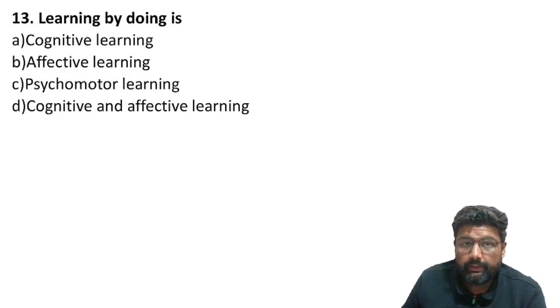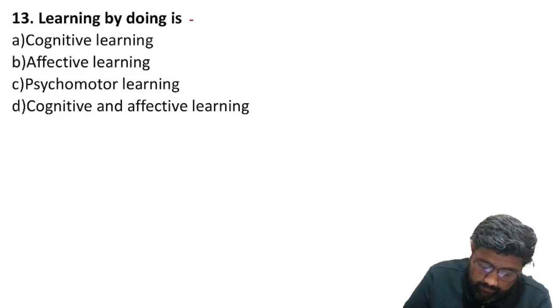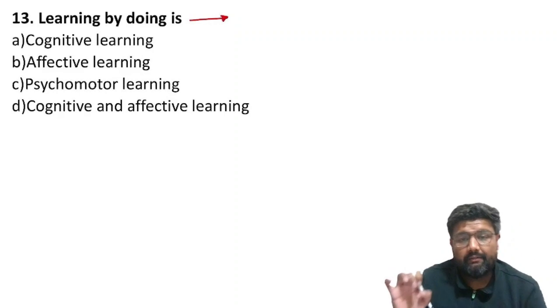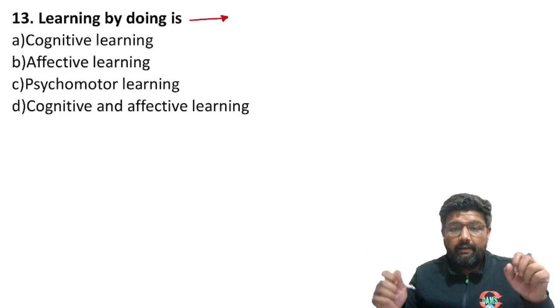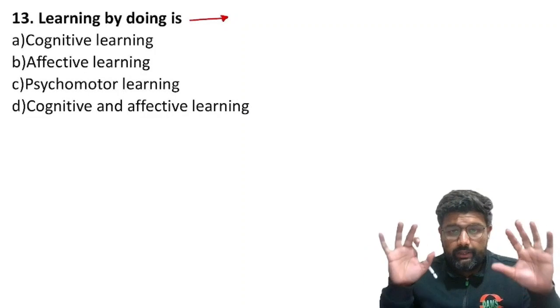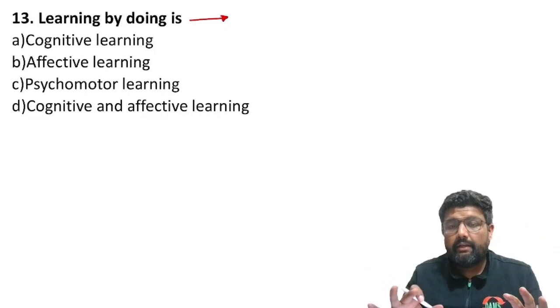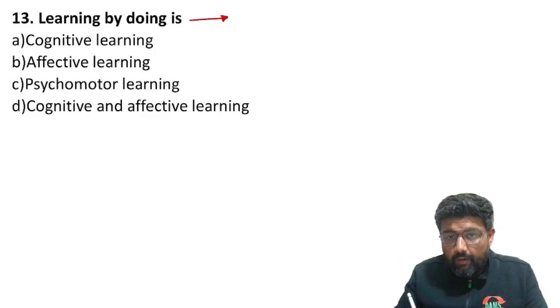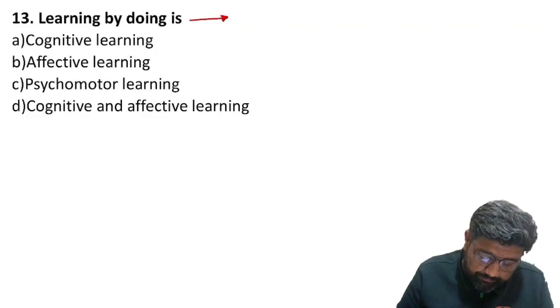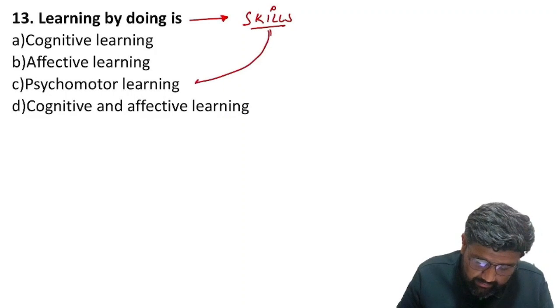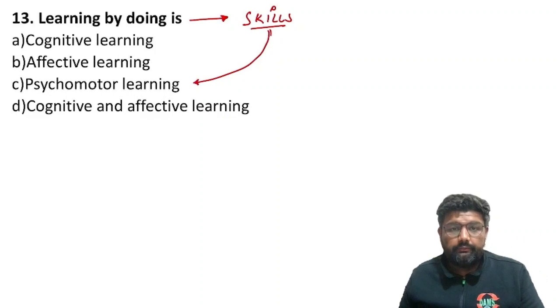Learning by doing: when we learn by practicing ourselves, for example, driving a car using our hands, or doing a surgery using our hands, we are using skills, and this is psychomotor.